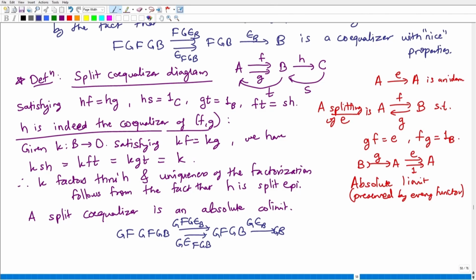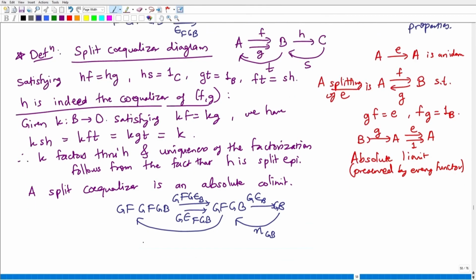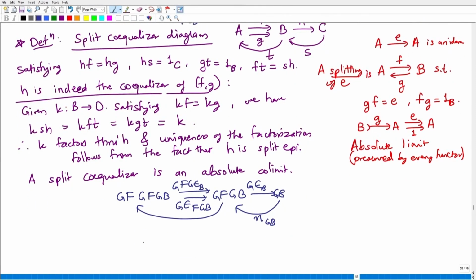Because for G epsilon, what is G epsilon sub B? Does it have a splitting from triangular identities? Eta, yes, eta sub GB. Correct. Okay, and in the reverse direction, from GFGB to GFGFGB, what do we have? It's eta sub GFGB.